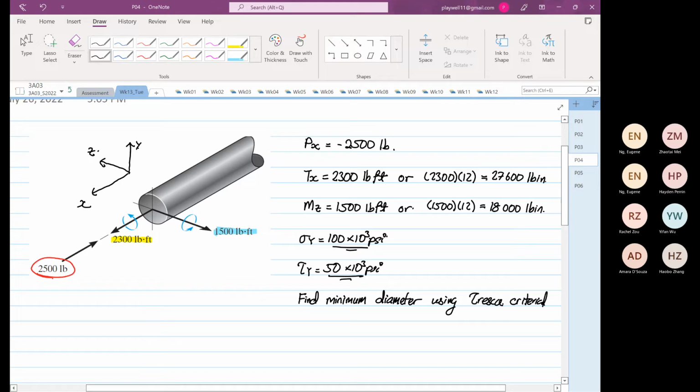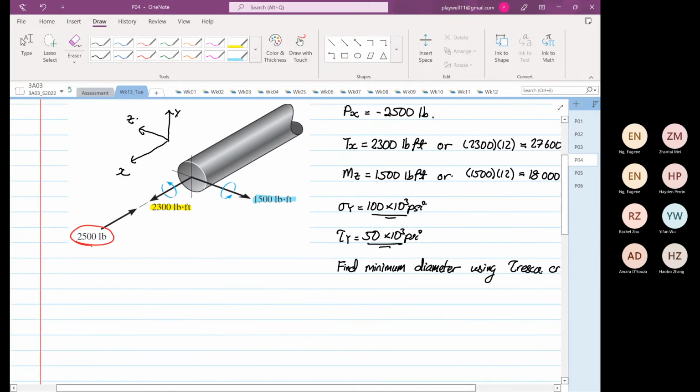Now we know that Tresca criteria has two forms. What do I mean by that?